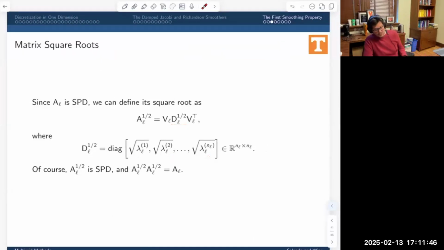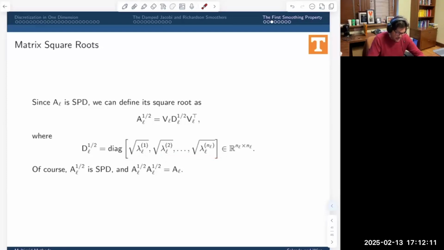I can do square roots because each one of those diagonal entries is a positive number, so taking the square root is doable in the classical real setting. They're just going to be positive numbers.